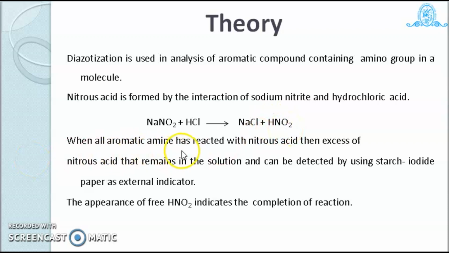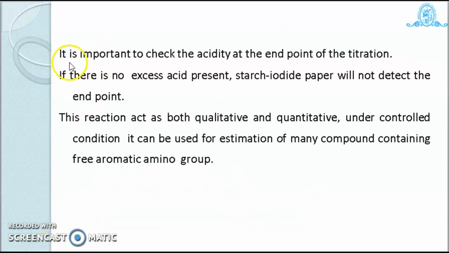When all the aromatic amine has reacted with the nitrous acid, the excess nitrous acid that remains in the solution can be detected by using starch iodide paper as an external indicator. The appearance of free nitrous acid indicates the completion of the reaction.